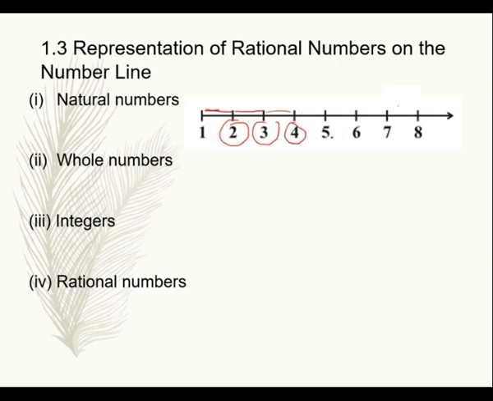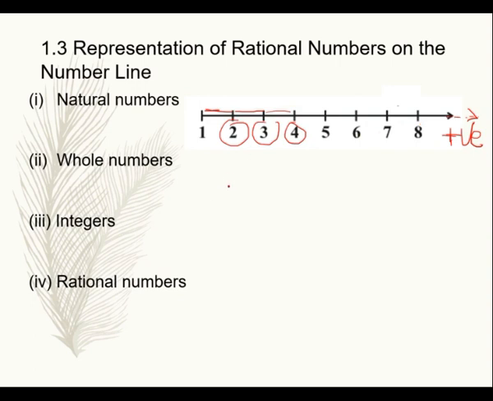All the natural numbers shown on a number line are aligned towards one direction. We call that direction the positive direction. And do we have an end to this? No, it is a continuation. There is no end to the number line.